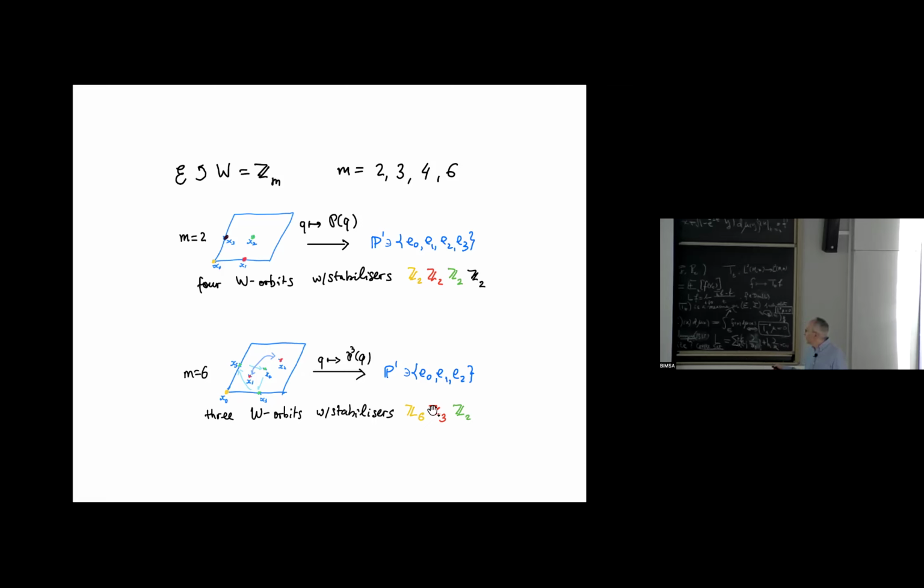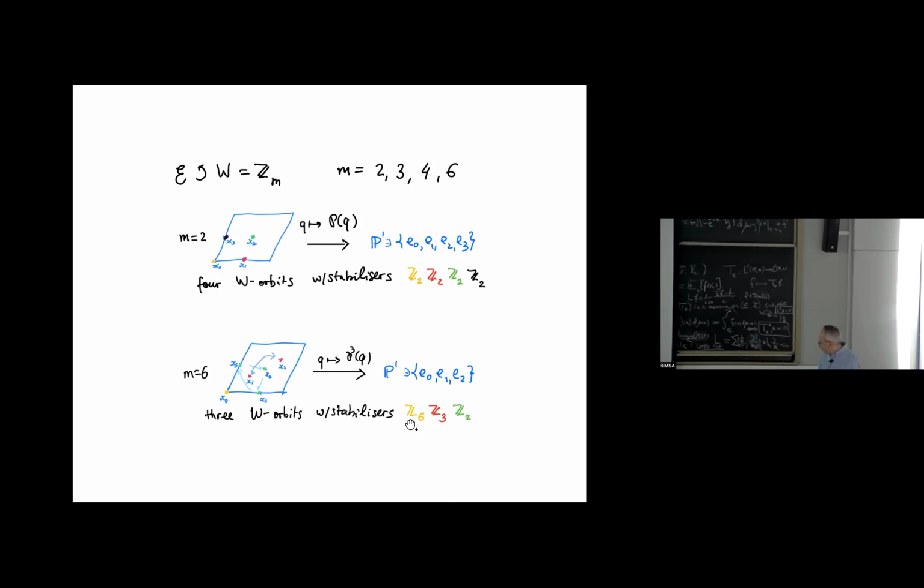So I put Z3 here. And the 3 green points, which are half periods, represent another special orbit of length 3, and so the stabilizer is Z2. So the numbers 6, 3, 2 correspond to the 3 special orbits and the stabilizers.